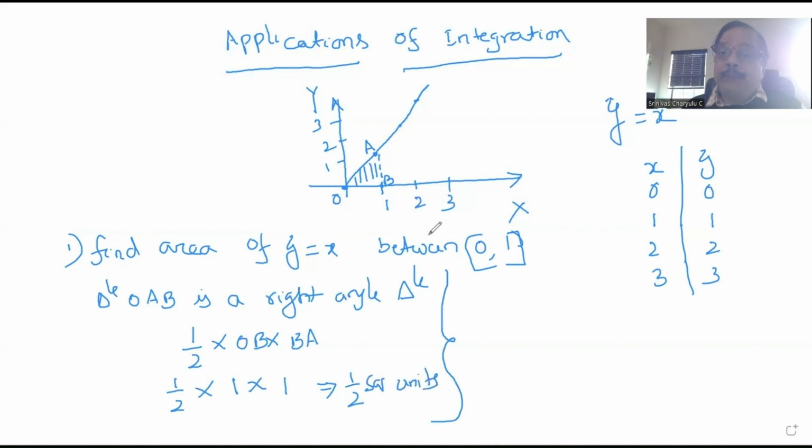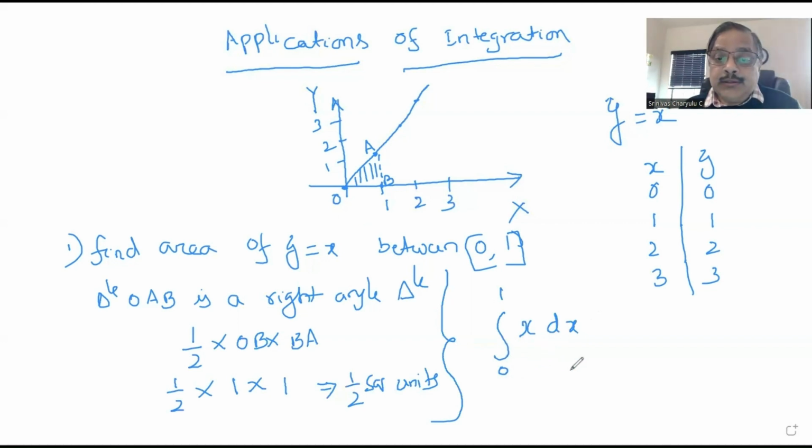Now I will apply integration, and as promised, integration also should give me the half value. Then only we will say the definite integral will give us areas. What are my limits now? 0 to 1. What is the equation? Because y is equal to x is the equation, we have to integrate x dx from 0 to 1.